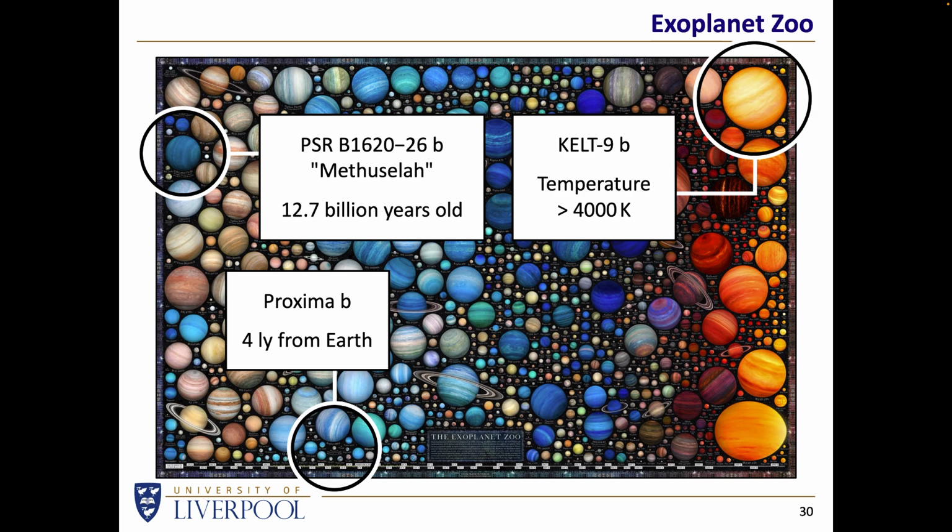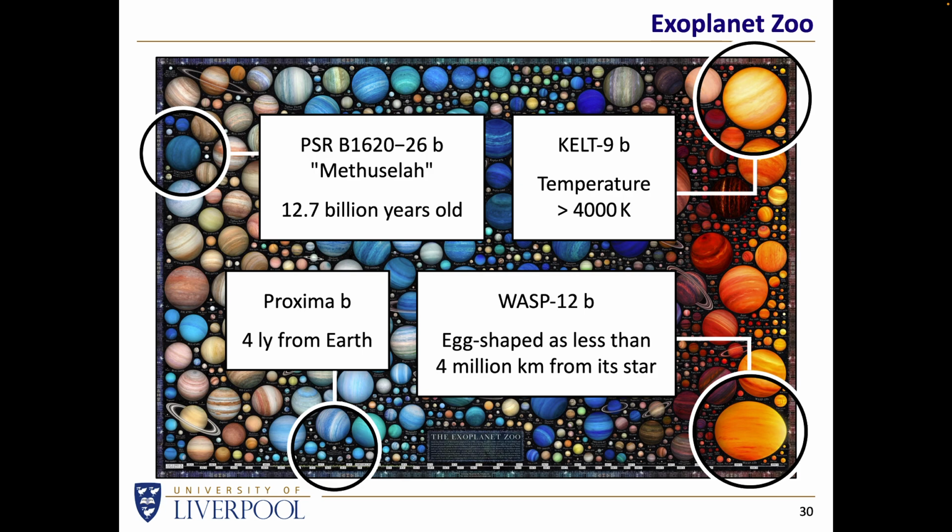The one in the extreme bottom right that looks like it's distorted is genuinely distorted, because it has been calculated that this particular planet is so close to its host star, the tidal effects of the star will actually distort the shape of the planet. So we know our moon raises tides in the oceans of Earth.